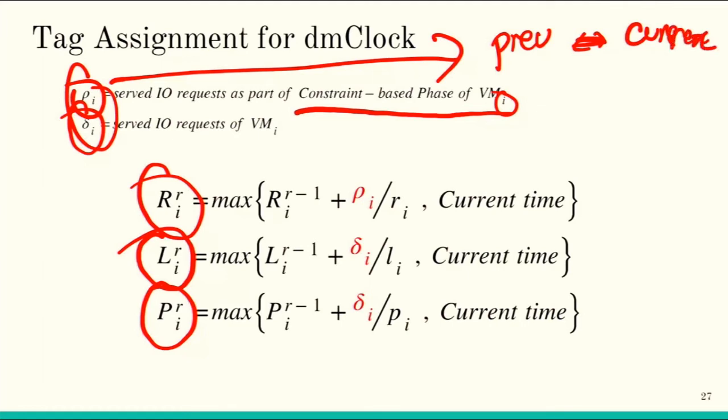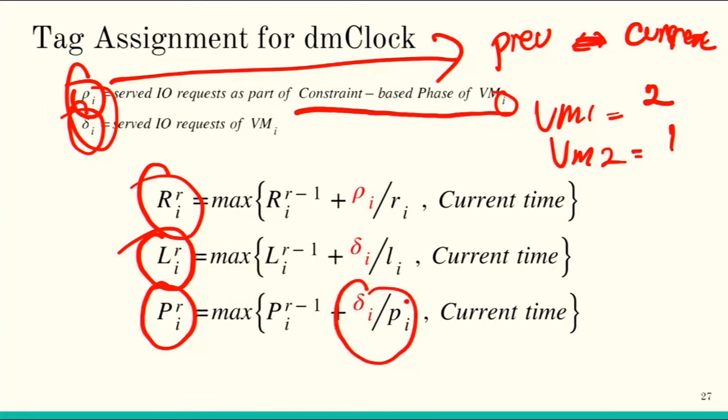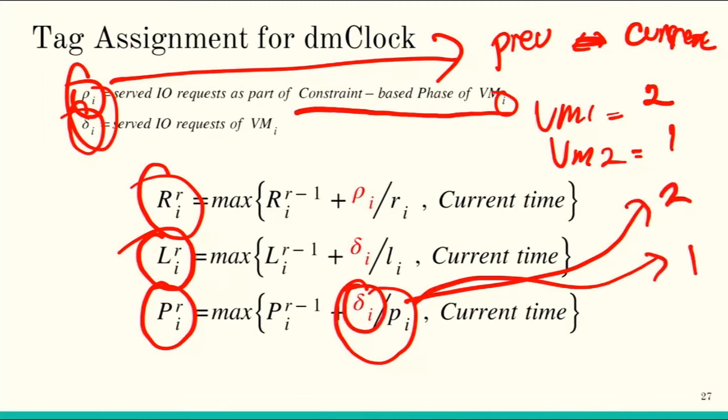For example, for VM1 this value is 2, and for VM2 the value is 1. So we will have 2 and 1 for this delta i.